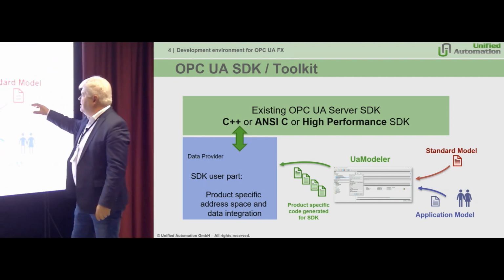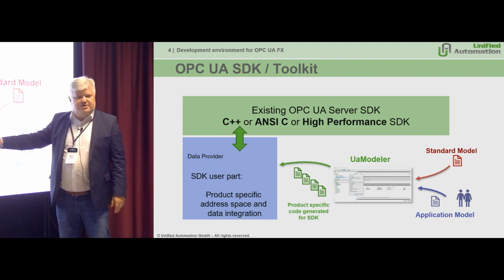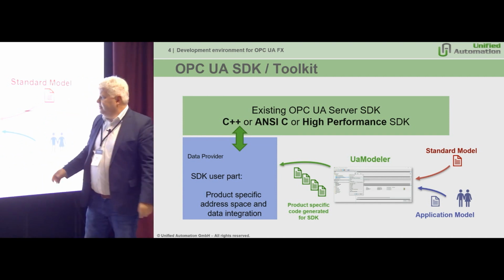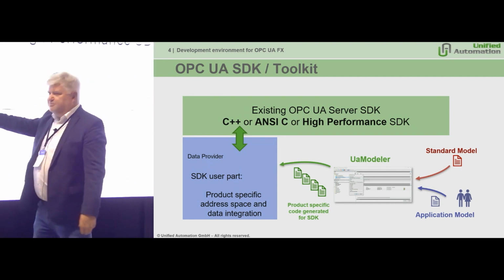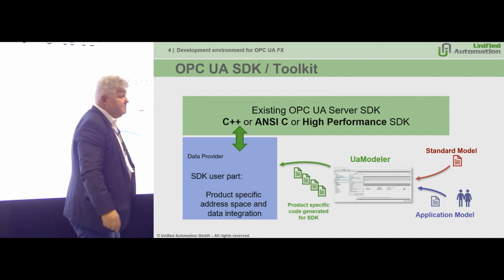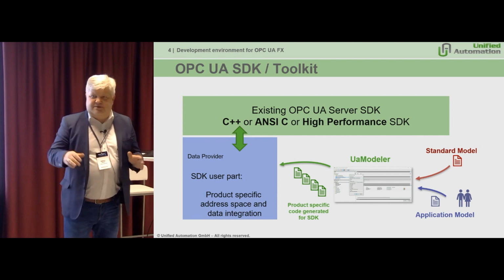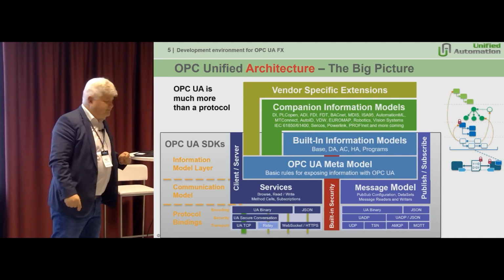You can take either standard models as input or application-specific models or both. You can create code out of these models and use this code to build your product-specific integration. That's nothing new. That's what we have done for nearly 15 years now.